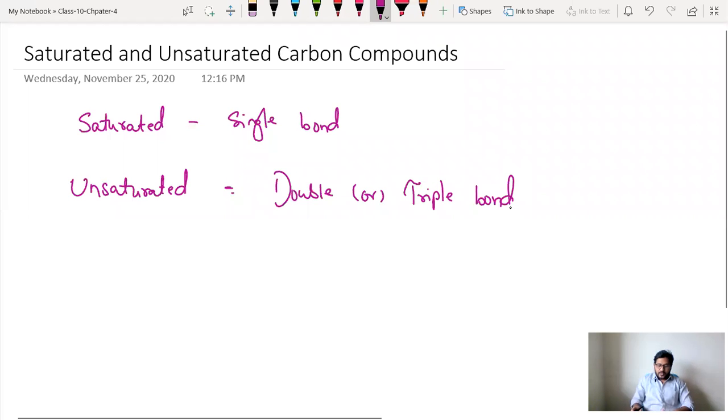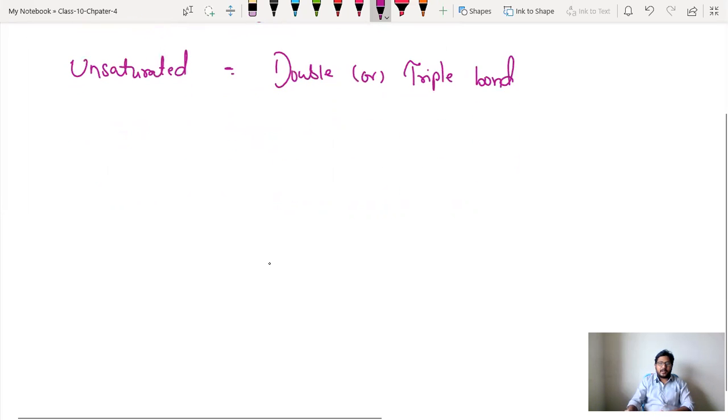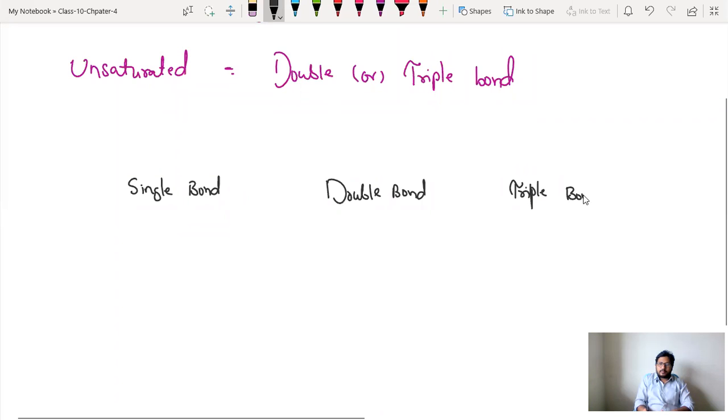Now basically this saturated and unsaturated are divided into 3: single bond, double bond, triple bond.